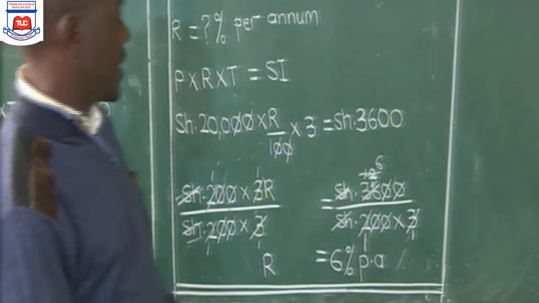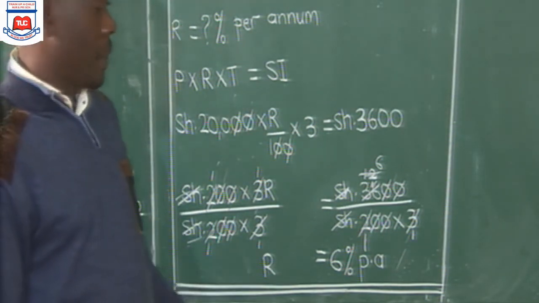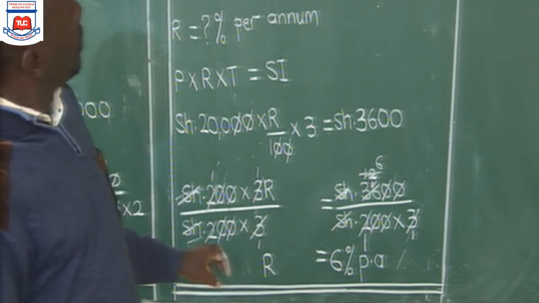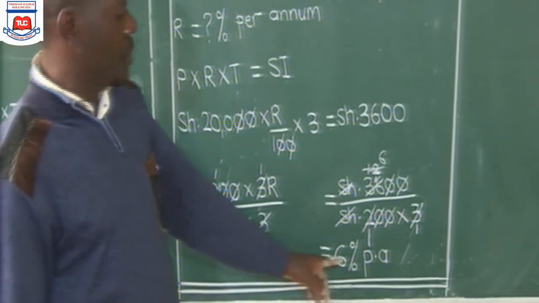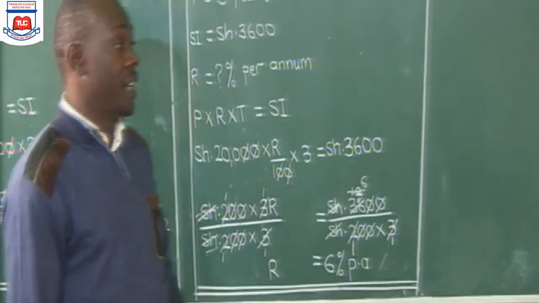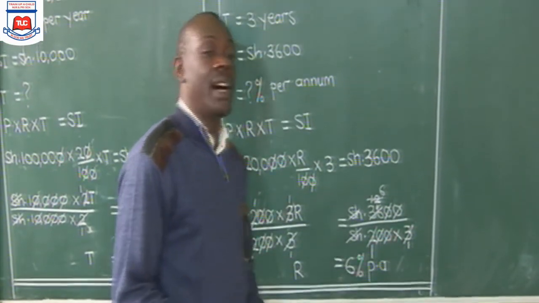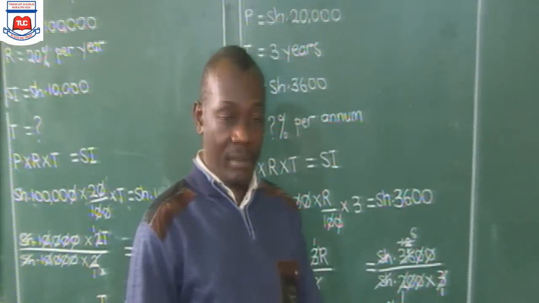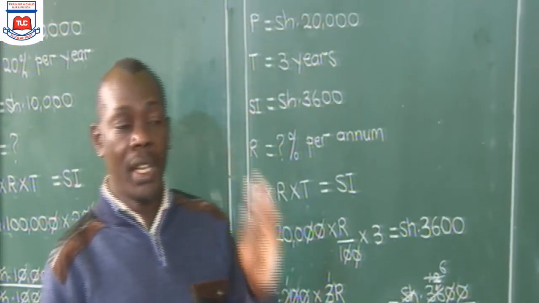You get 6. Remember the rate is every percentage. So the bank was actually offering or catching interest at a rate of 6% every year or per annum. So rate of interest is equal to 6% per annum. That's a summary of simple interest: principal, rate, time, and total amount.